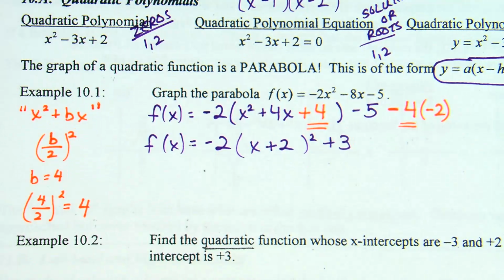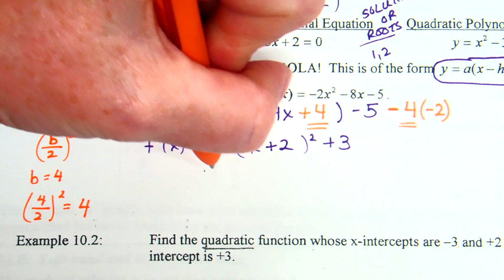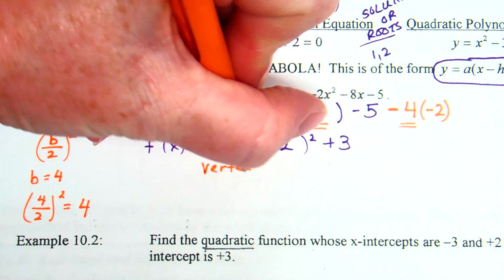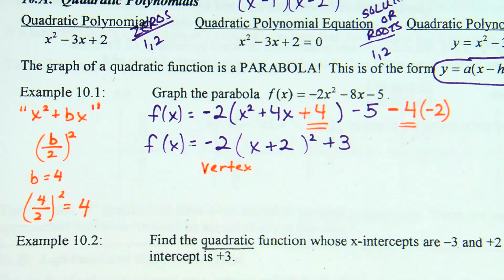Vertex form gives me a point where I can kind of graph this now. I know some details. Let's write down some of those details. Can you tell me the vertex? Negative 2, positive 3. You change the sign on the one coming out of the parentheses, but not just the 3 that's at the end.